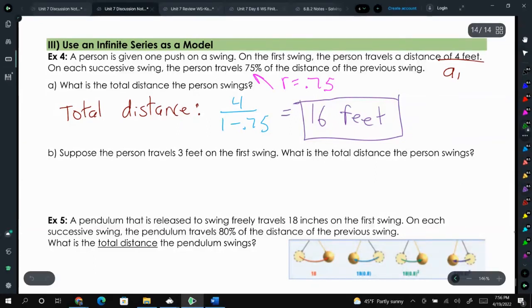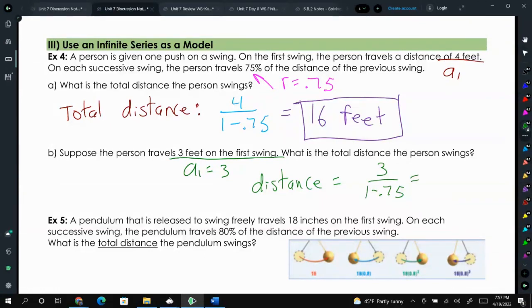Now instead, suppose a person travels 3 feet on the swing. Well, our a sub 1 is now 3. So that distance is going to be 3 over 1 minus 0.75.